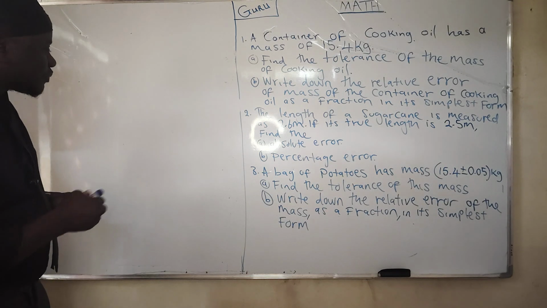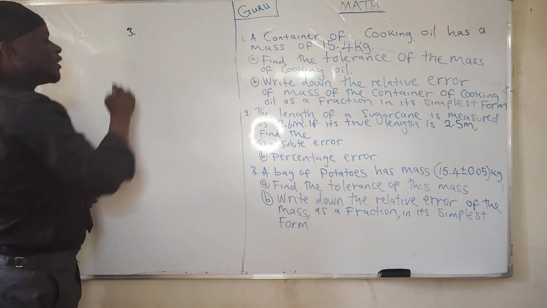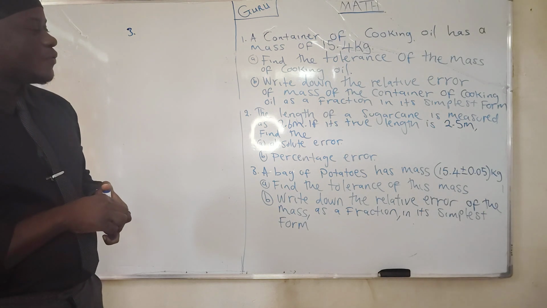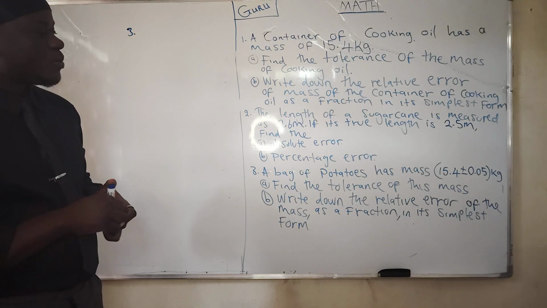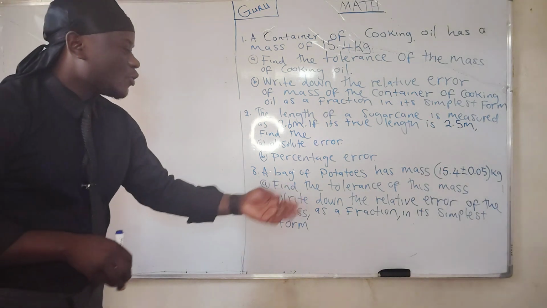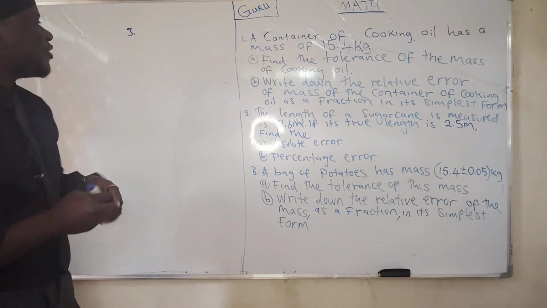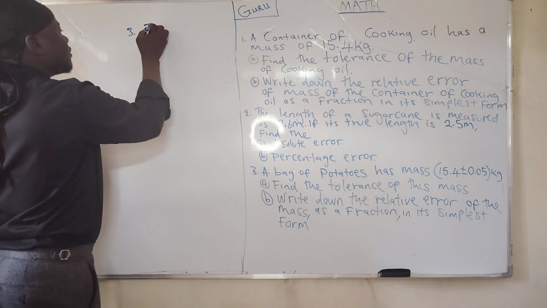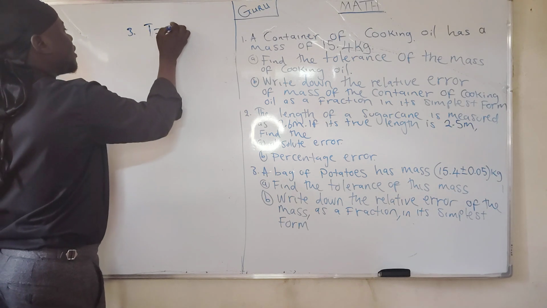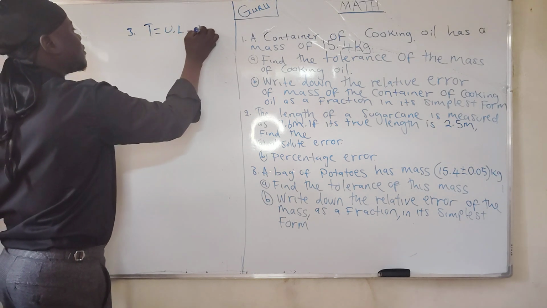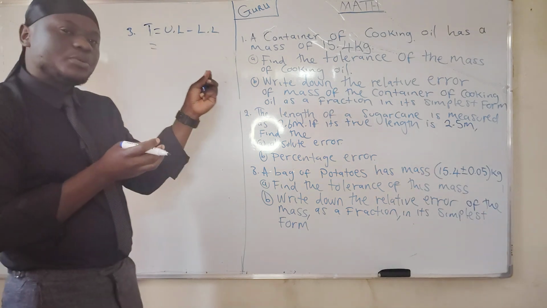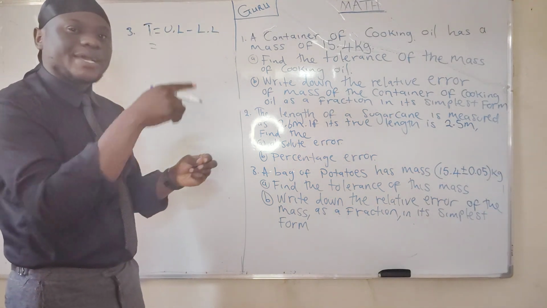Question 3. We have a bag of potatoes which has a mass of 15.4 plus or minus 0.05 kg. Then find the tolerance. Remember, we said tolerance is equal to upper limit minus lower limit. For the upper limit we get the true measure plus what we are adding.